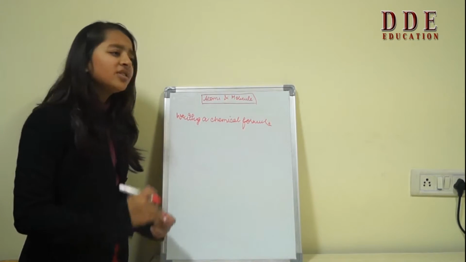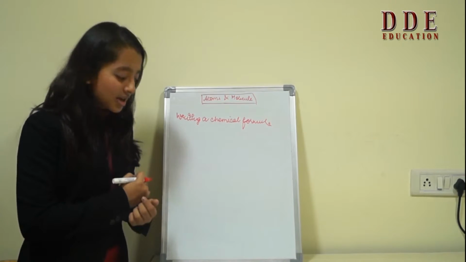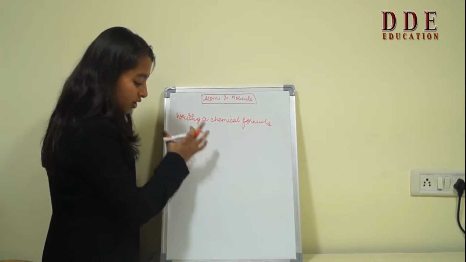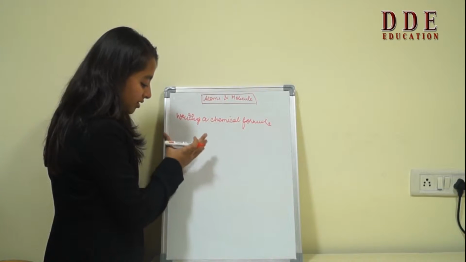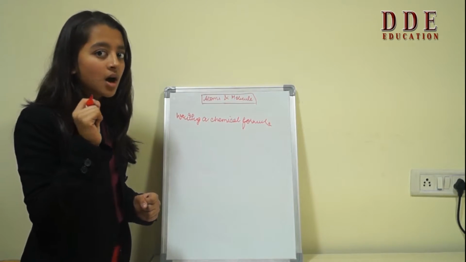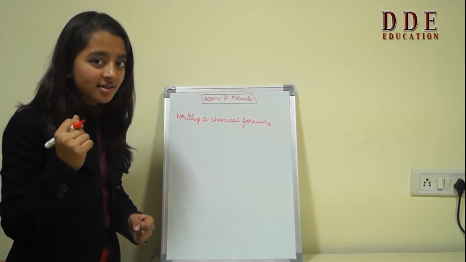So, first I'm going to tell you the rules of writing a chemical formula. That is, the valencies or the charges on the ions must balance. Oh, here one more term came: ion. Did you notice?